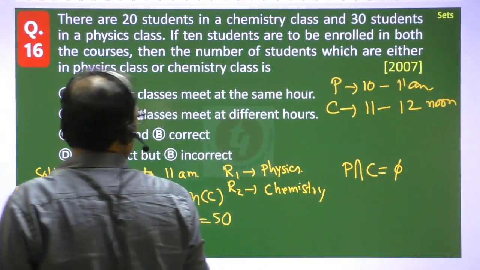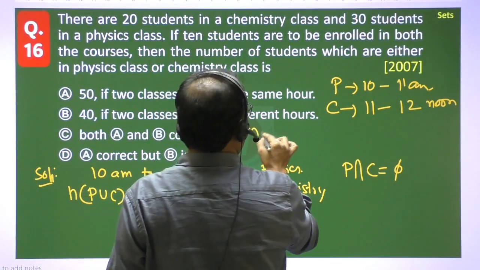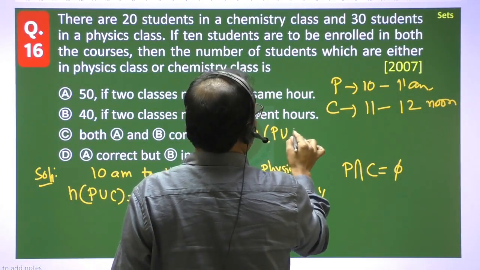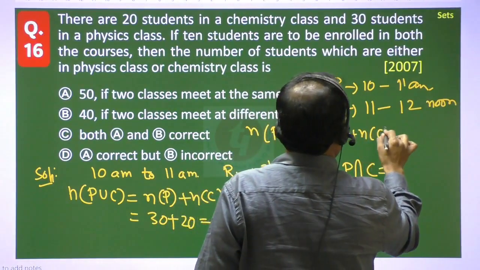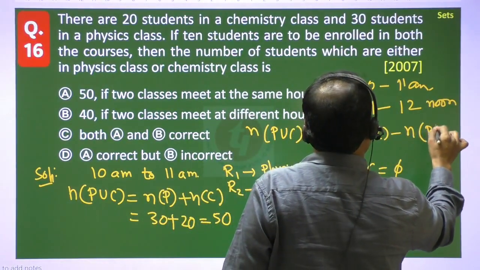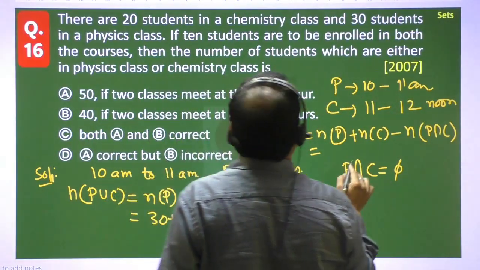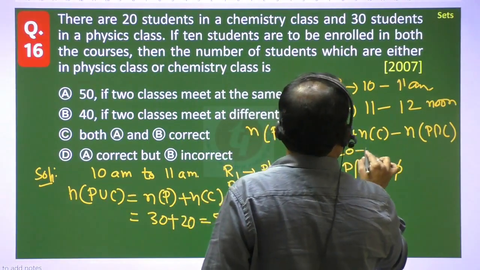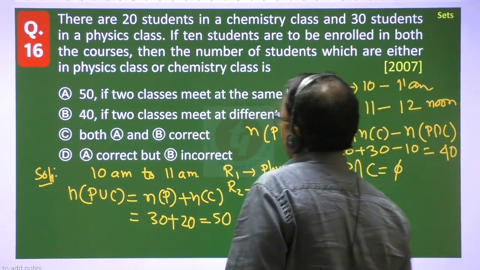The students who have both subjects in common can attend the classes. So now N of P union C is N of P plus N of C minus the common students. The total number of students in physics is 30, in chemistry 20, and the common students are 10. Therefore we have 40 students.